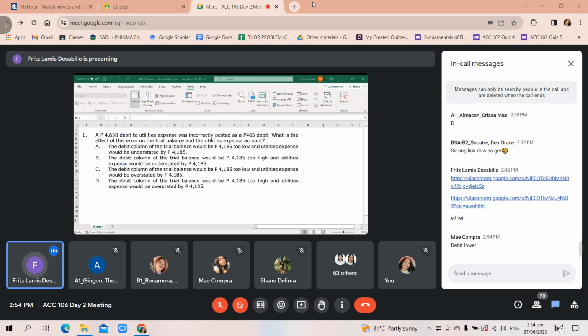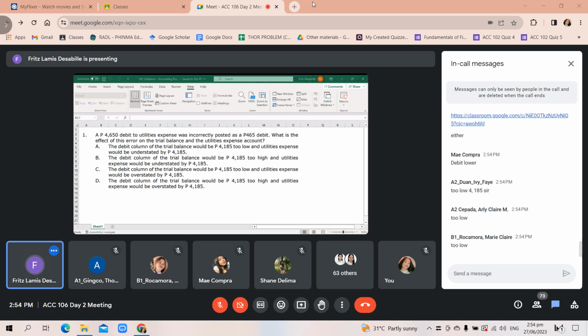The debit column of the trial balance would be 4,185 too low, and utilities expense would be understated by 4,185. So the answer would be letter A.